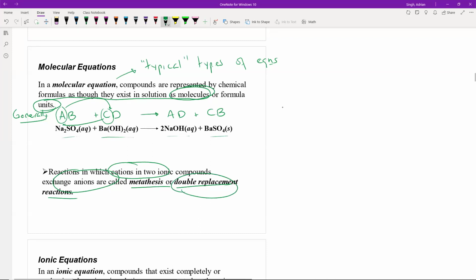So in this specific example, the sodium and the barium are the things that swap places with each other. The barium starts off with the hydroxide. The sodium starts off with the sulfate.